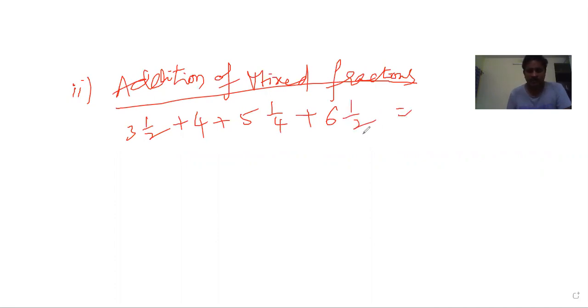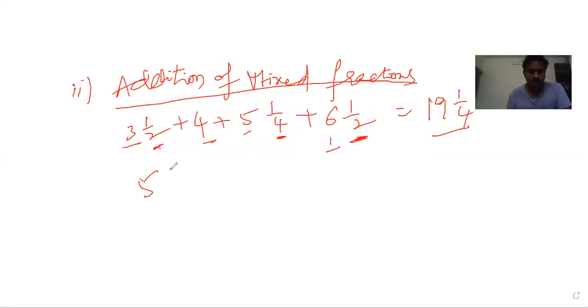First we add these fraction values: half plus half, 1, 1 plus 1 by 4, 1 1 by 4. That means 1 by 4 here, right? 1 add to these numbers. 6 plus 1, 7, 7 plus 5, 12, 12 plus 4, 16, 16 plus 3, 19. 19 1 by 4.